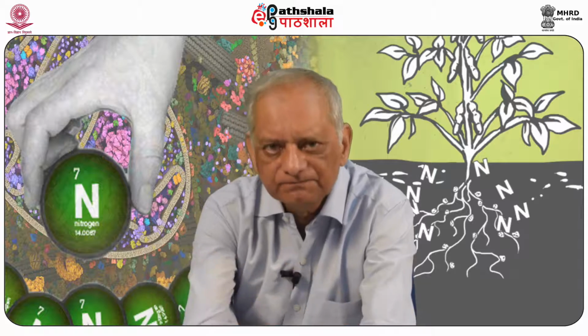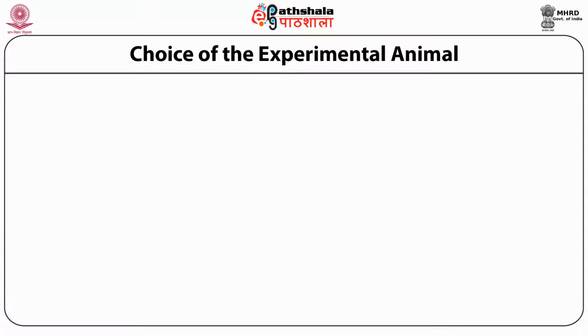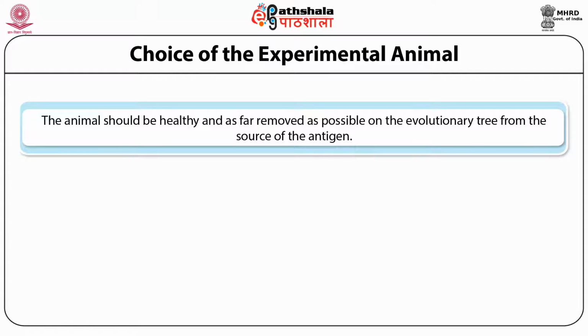That's the bottom line. The first important consideration, of course, is the choice of the experimental animal. To start with, any animal which is chosen for this purpose should be healthy and as far removed as possible on the evolutionary tree from the source of the antigen.